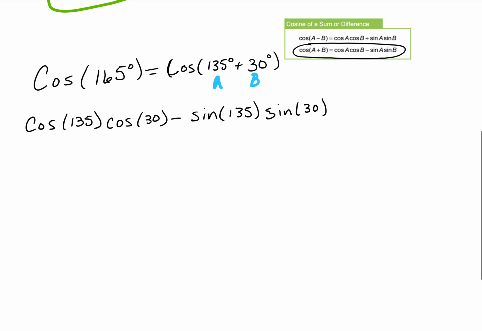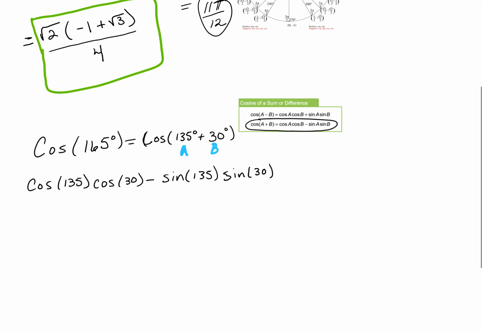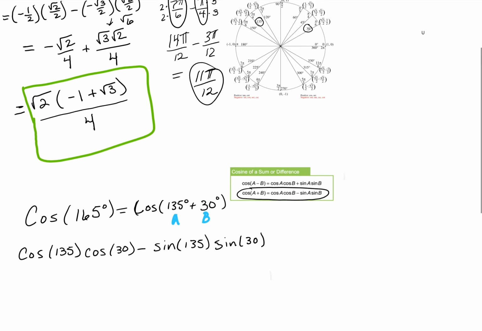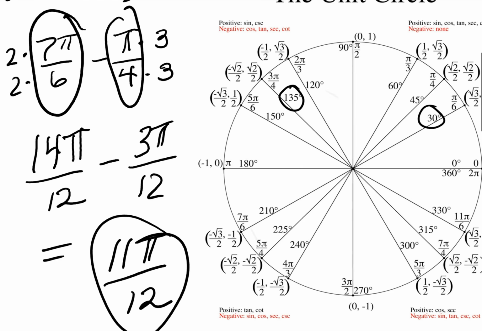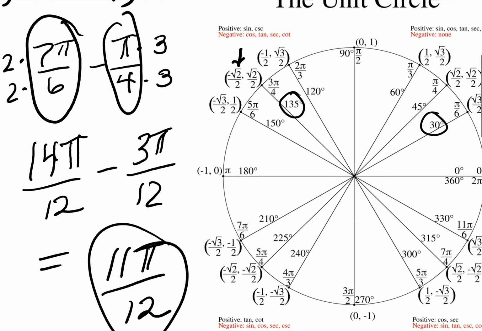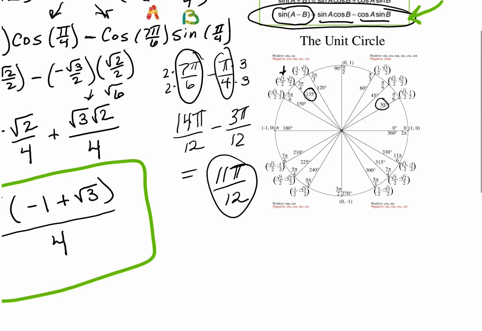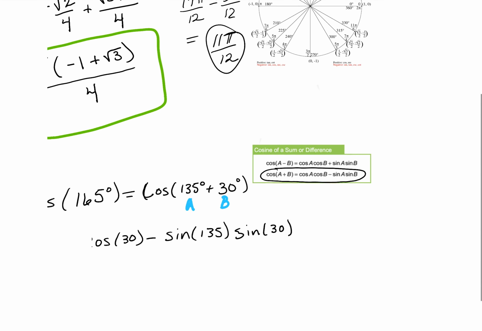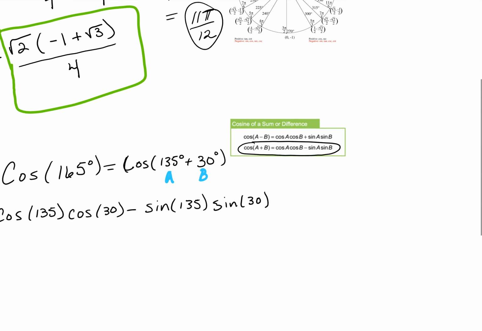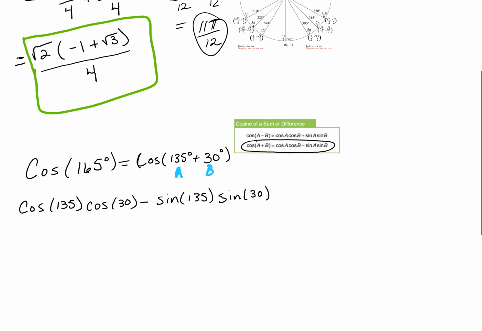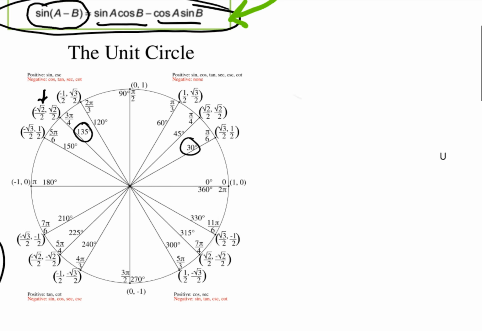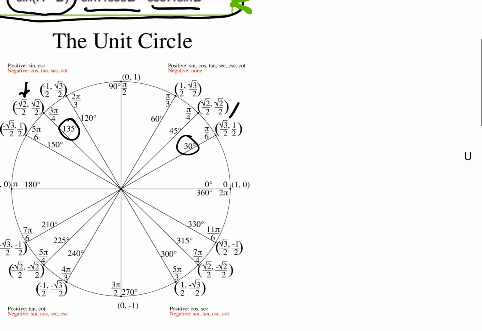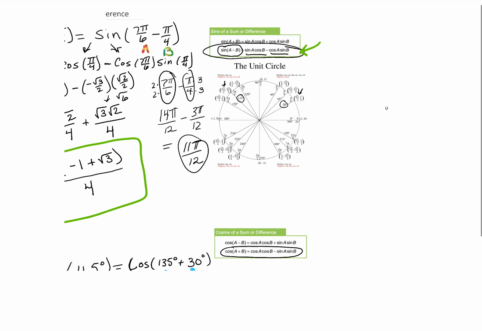Looks something like that. Now let's take a look at our unit circle, figure out cosine of 135. Cosine of 135 is this guy right here, the negative square root of 2 over 2. Let's write that out. Negative square root of 2 over 2. And then the cosine of 30 is this guy right here, square root of 3 over 2.